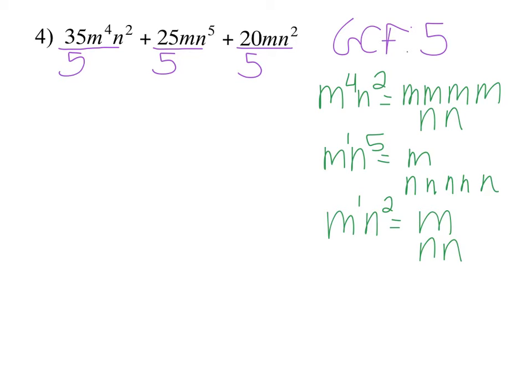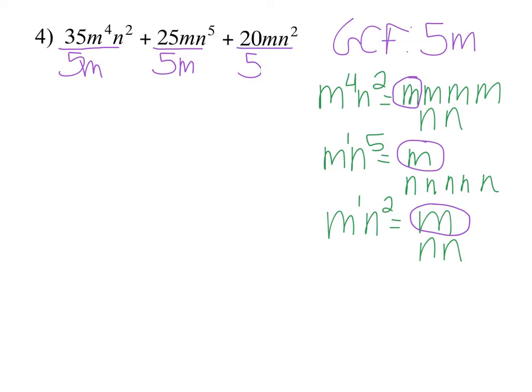Woo! So what that means for us is the most amount of m's that I could take out is 1. This only has 1, this only has 1, so I can only take 1 out of here. So we're going to include that with our GCF. And let's back that up and just make that slightly clearer.